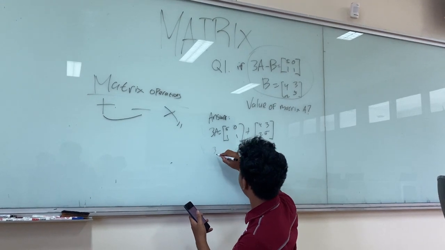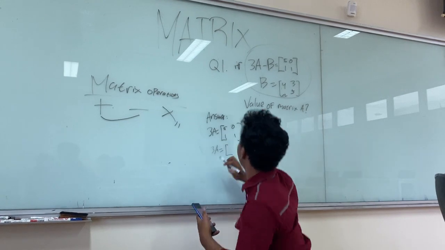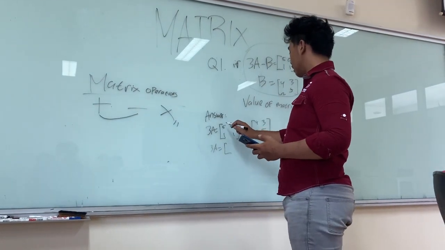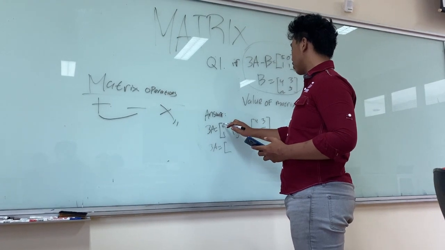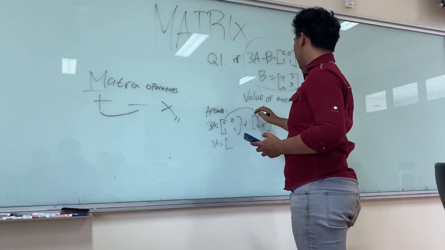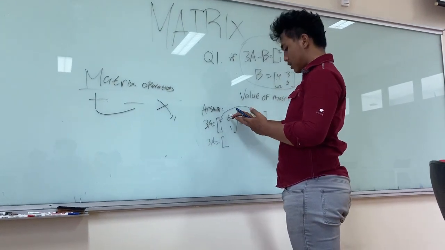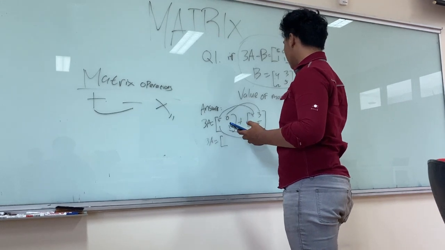And we're going to continue this into this. So okay, the first column and first row will be added by this and this into this and this into this and this into this.